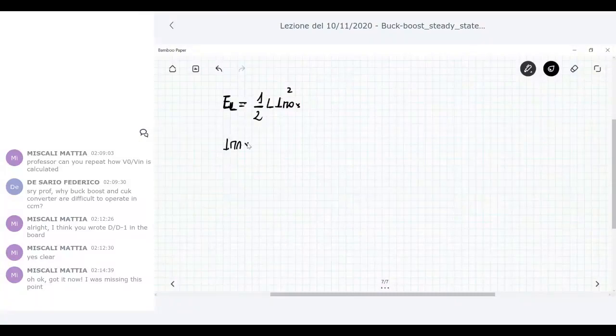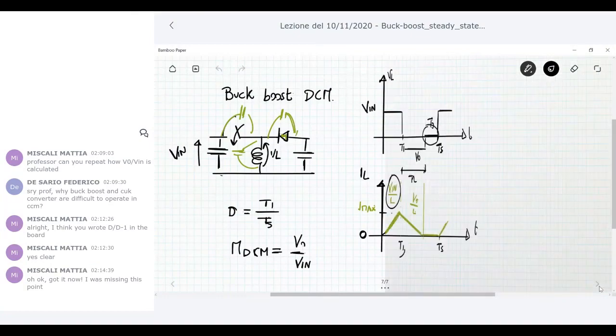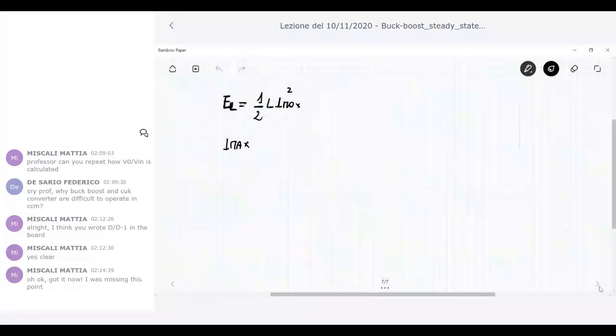Remember that Imax can be easily derived, because if you look at the current waveform through the inductor, Imax is the peak value. We know the slope, and we know that the time interval is T1, so simply multiply the slope by the time interval T1 and you get the peak current Imax.